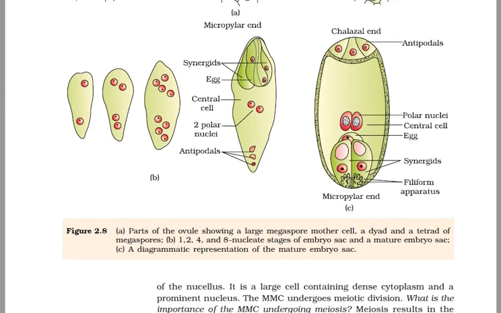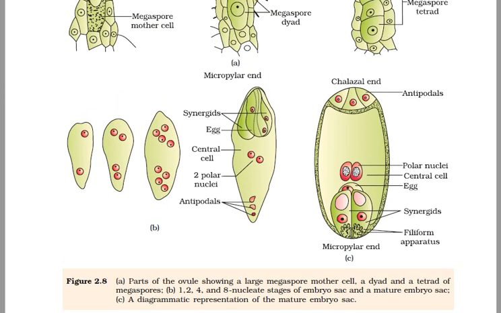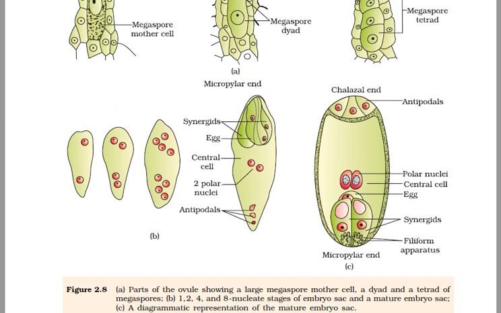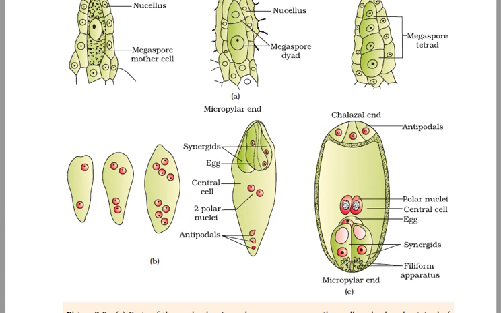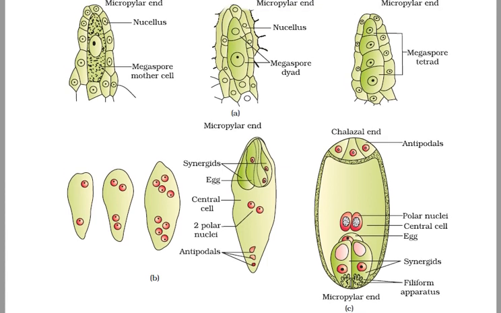It is showing you the parts of the ovule, showing a large megaspore mother cell. This one, the first one, is developed from the nucellar cell. The top one is the micropylar end, and you see the labeling: nucellus made up of parenchymatous tissue provides nutrition to the megaspore mother cell.